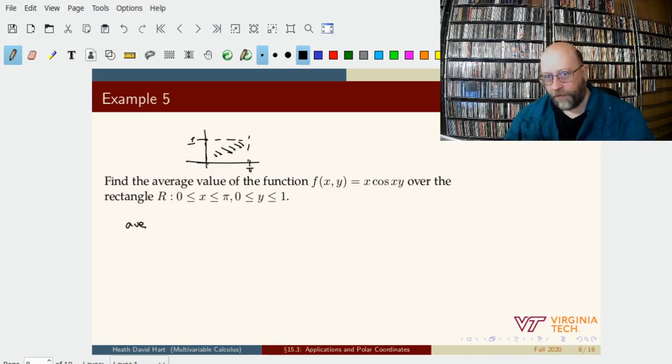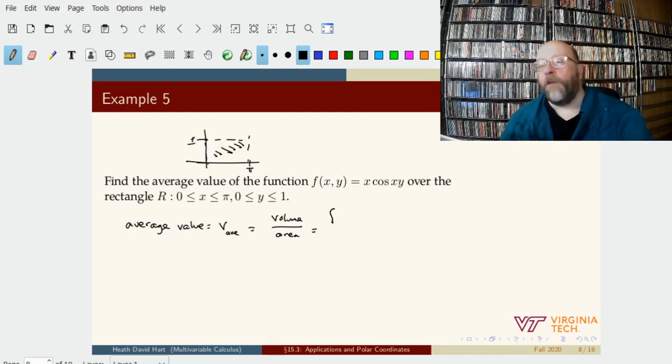So the average value, which the book abbreviates as V for value with a little AVE for average, is the volume over the area. The volume we're going to have to integrate. And we'll have to choose an order of integration.